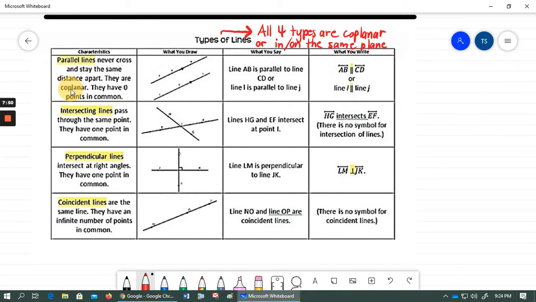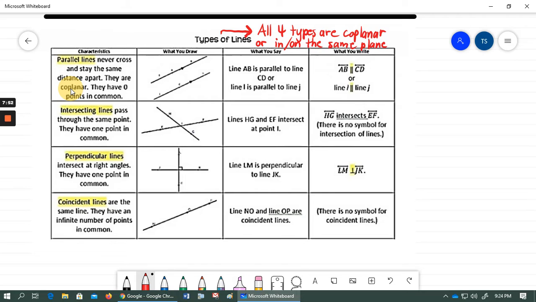That word is related to the word plane, that we just now talked about. But all 4 of these types of lines are coplanar. What we mean by coplanar is that they are in or on the same plane.